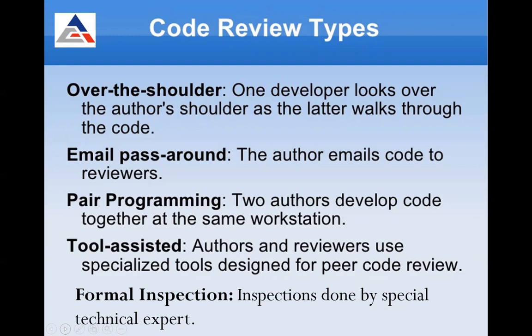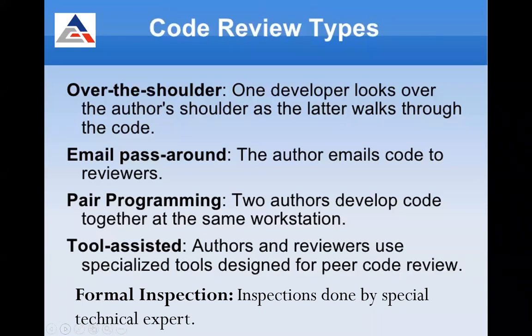Here we are using the term formal inspection. That means you are not inviting any person for code checking, not over the shoulder, not sending an email to another person, and not using any tool for your code review. Your code is inspected by a team that checks whether your code is optimal or not.